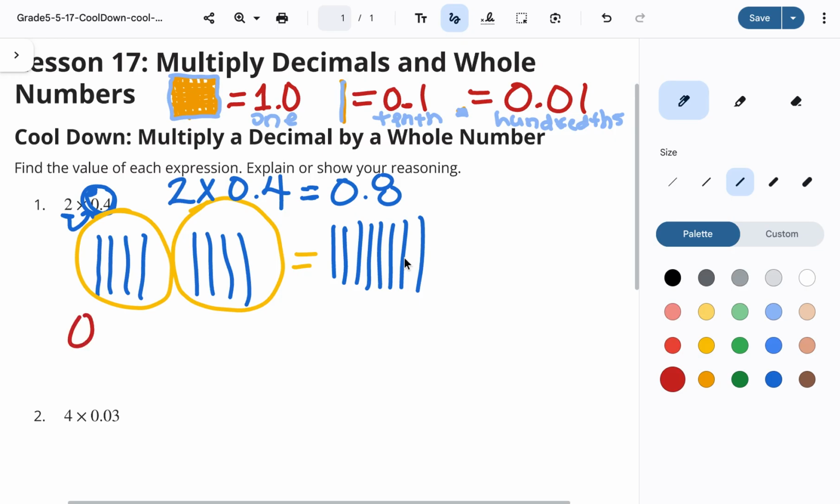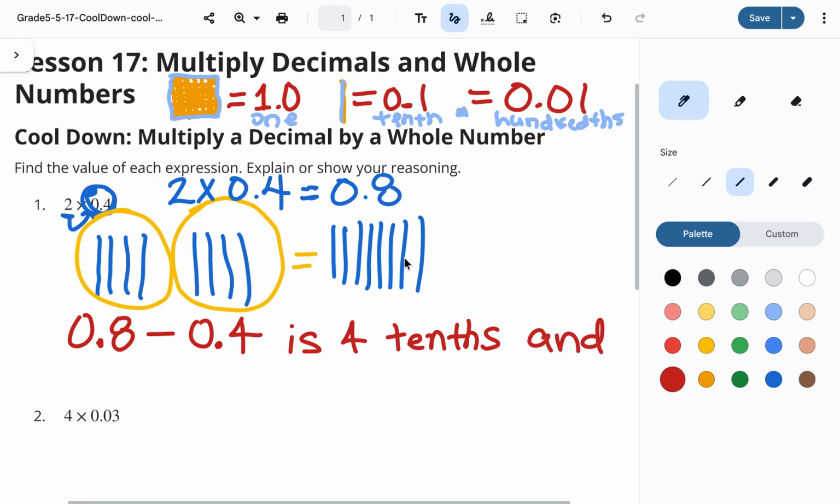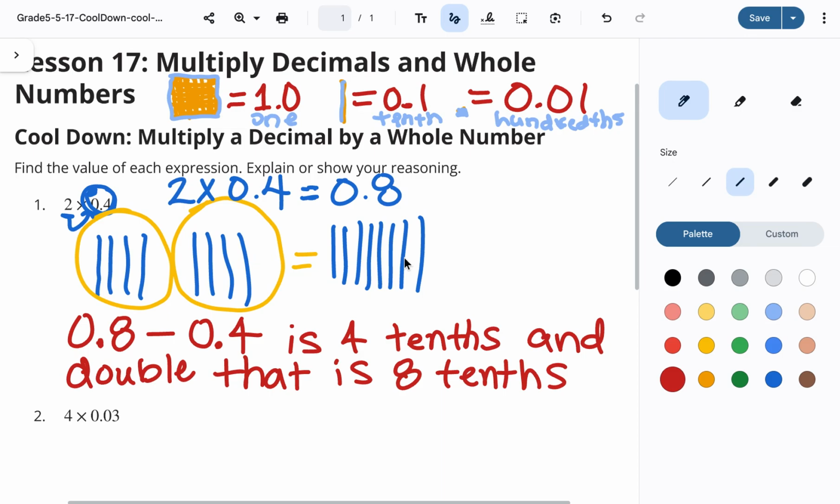So we could also say that our answer is 8/10, and we could say this, that 4/10 is 4, and now let's write the word form here, 4/10, and double that is 8/10, or, and now I'll write it in its standard form or base 10 numeral, 8/10.